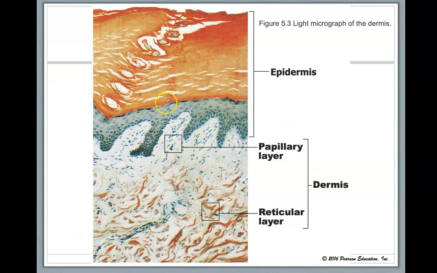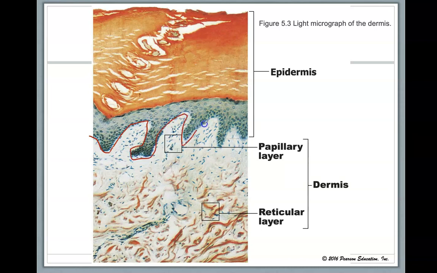So again, here is your epidermis, remember that we just talked about last lecture? And you can really see the cells look dead. They're these dead keratinized stratified squamous cells. And then here again are still some of the living cells of the epidermis. But here is the border between the epidermis and the dermis.